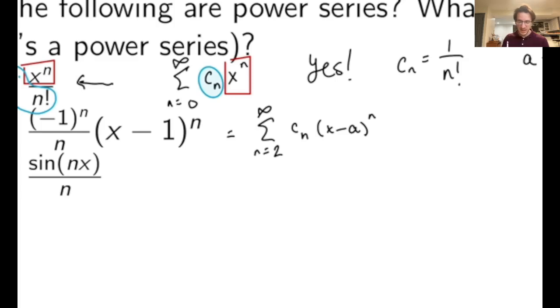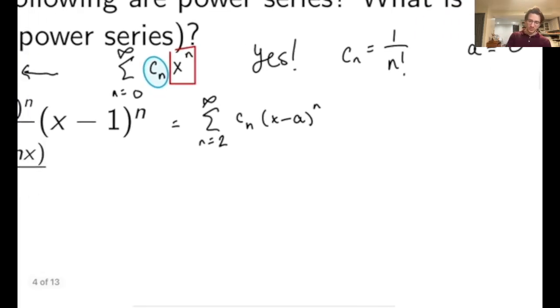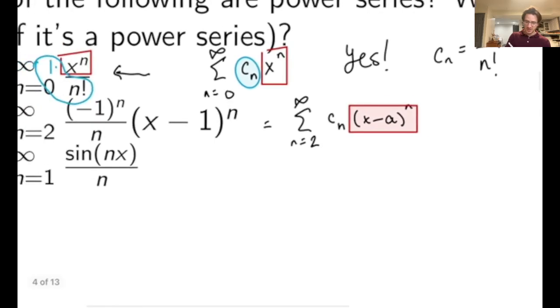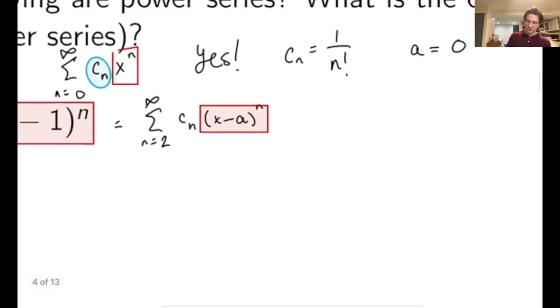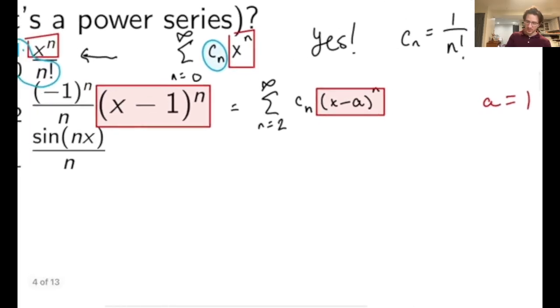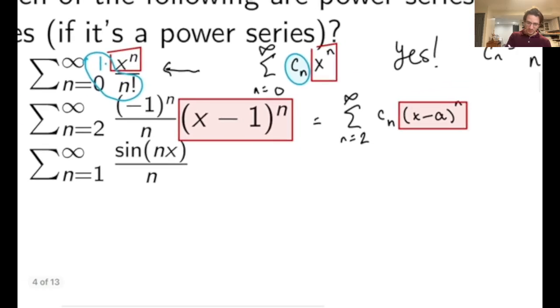Well, yes, we can. Because if I just match up what we have here, we've got x minus a to the n looks just like this x minus 1 to the n, right? And so this is going to tell me that a is equal to 1. And then I'll put a box around everything else.